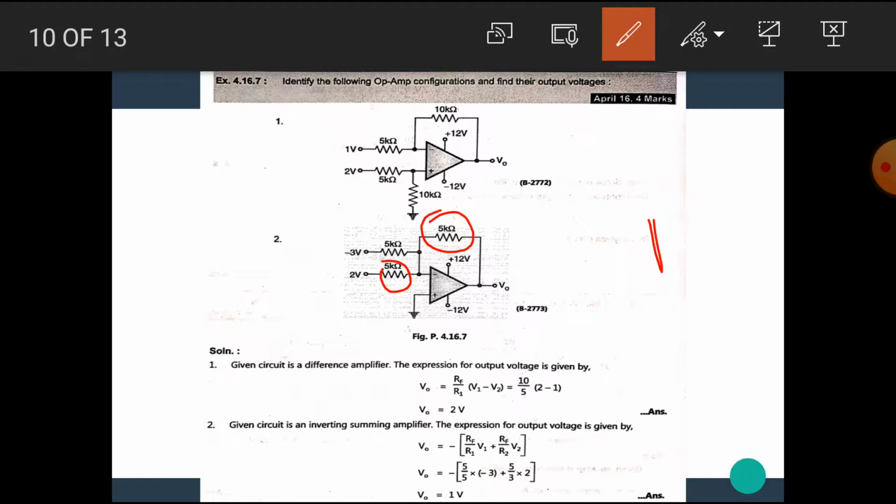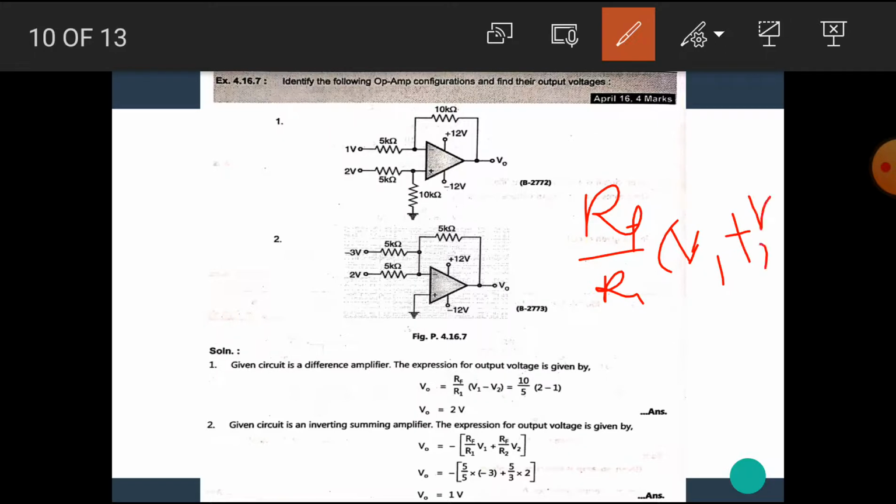Okay, and the next is minus 3 plus 2, we know that we get minus 1. Hence, from this calculation, we get the output voltage value 1 volt. Let's see once again. Here, we can calculate the value Rf upon R1 into V1 plus V2.